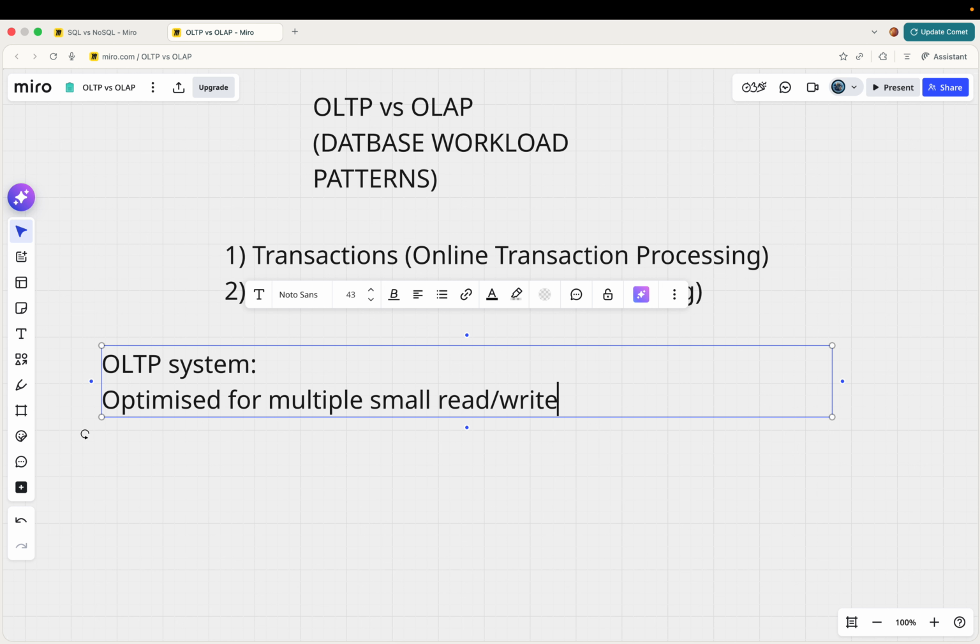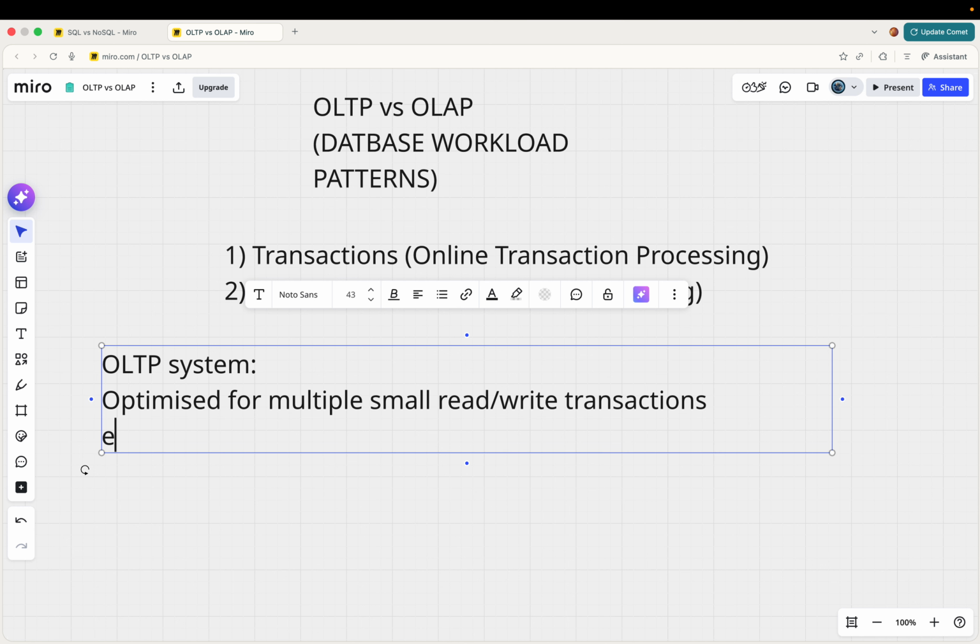I am saying small because in analytics we generally scan lots of data, not small data. So this is small when compared to analytics queries. Examples: placing orders, updating profiles.